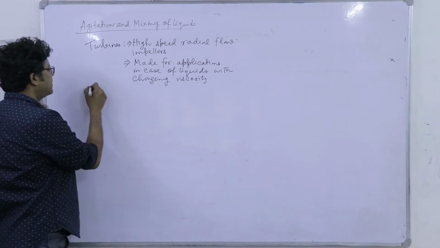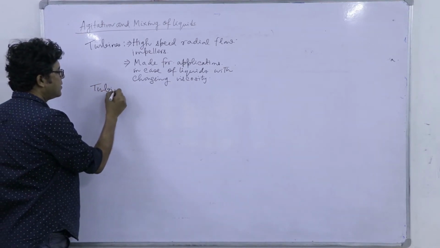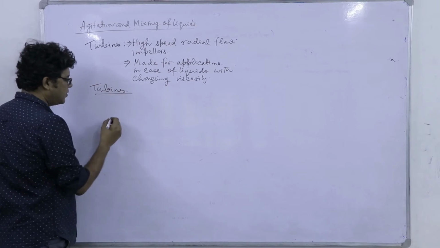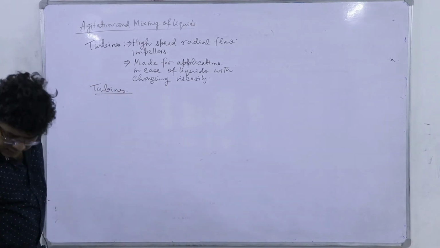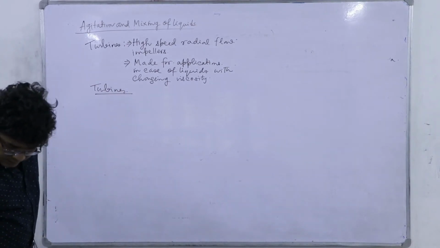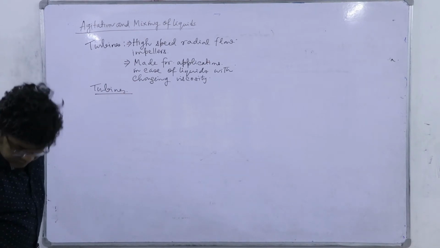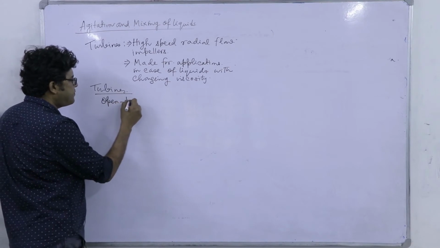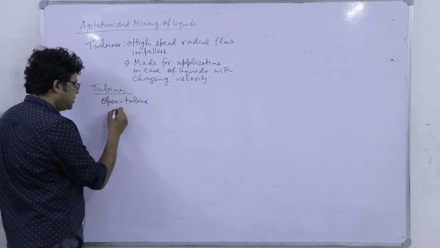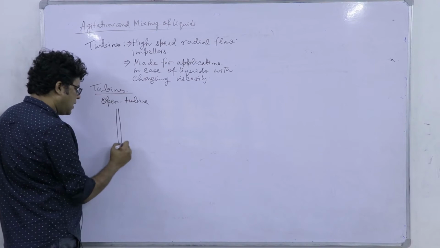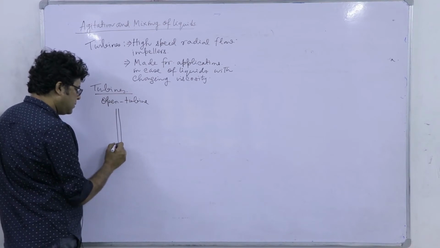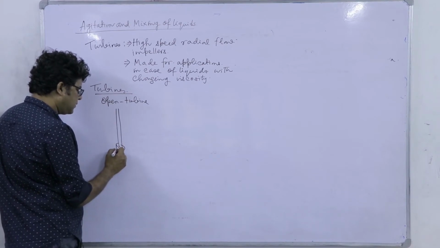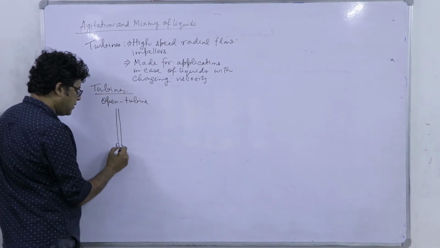So turbines, generally the typical examples are the open straight blade turbine, or open turbine. Say you have this shaft, there is a small extension, and here we have the blades.